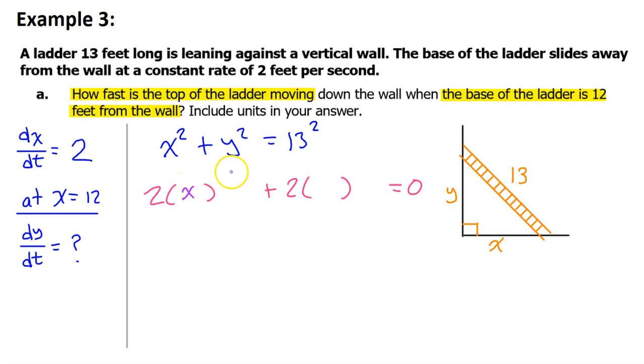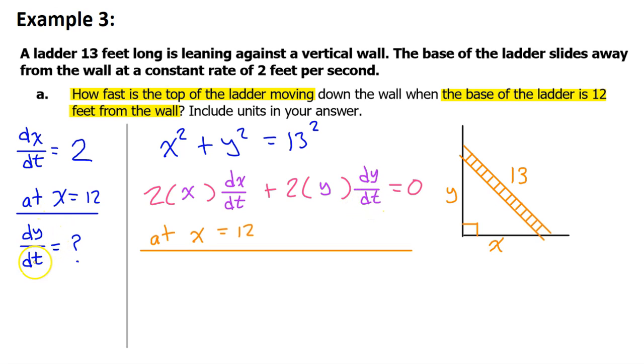So according to the chain rule, we have to then multiply by dx/dt, so don't forget that. Notice that the derivative of x is not 1 because we are not taking the derivative with respect to x, it is with respect to t. The inner function here is y, so we multiply by dy/dt.